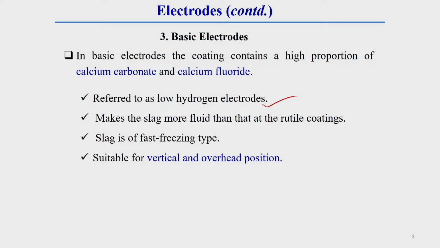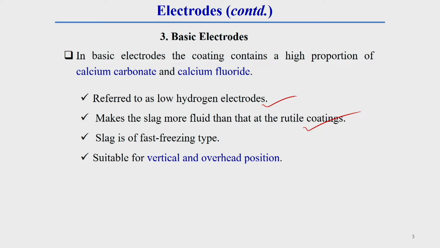This electrode generally makes the slag more fluid than that of the rutile coating, because we have observed that rutile produces a viscous type of slag, and its bead shape also depends on this viscous property of the slag.